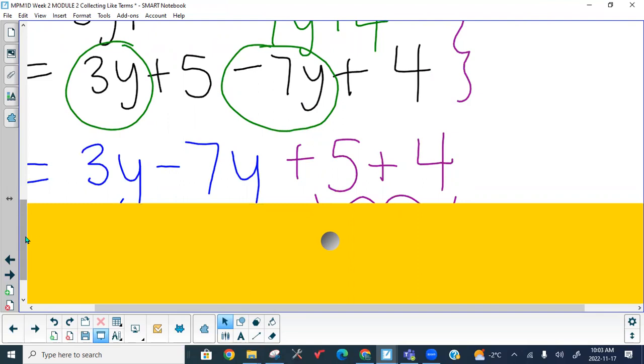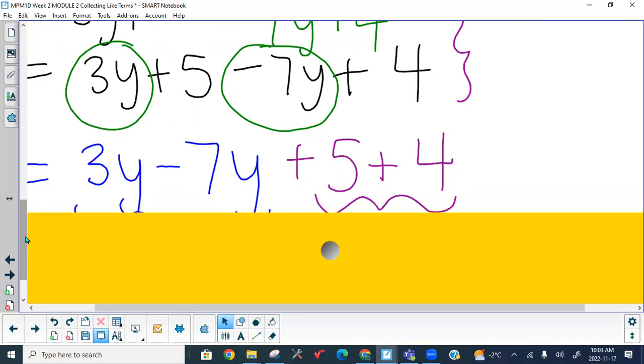When we do this, we have to actually combine. So I didn't write 3y plus negative 7y. I just moved the negative 7y to be right next to the 3y.